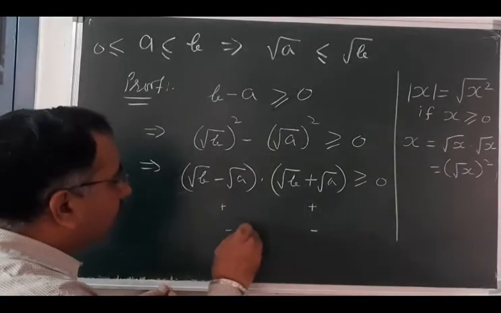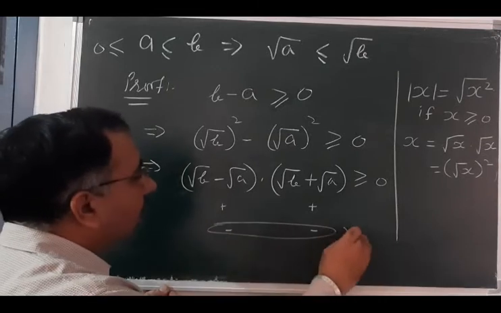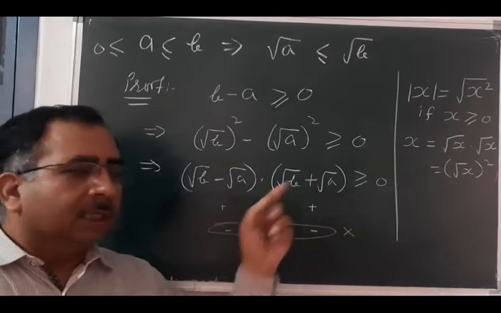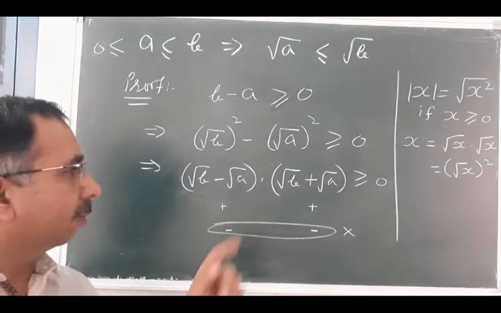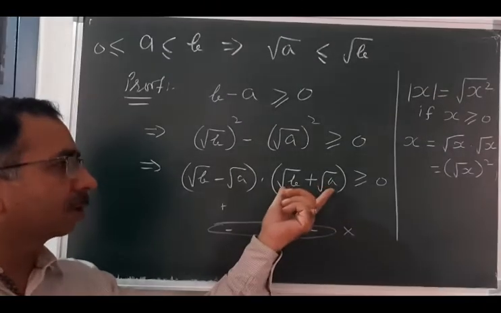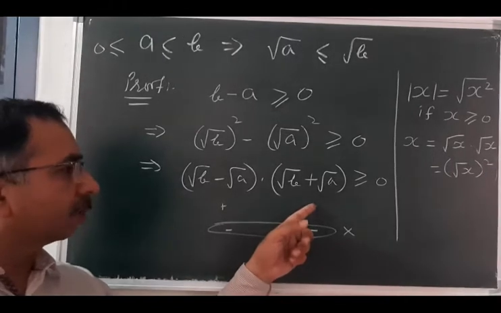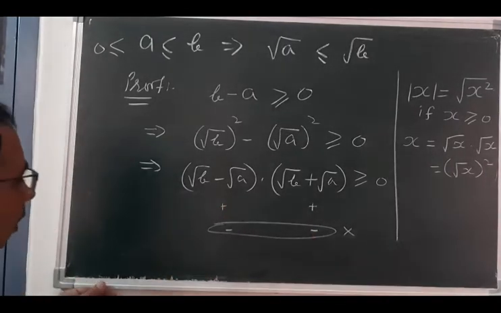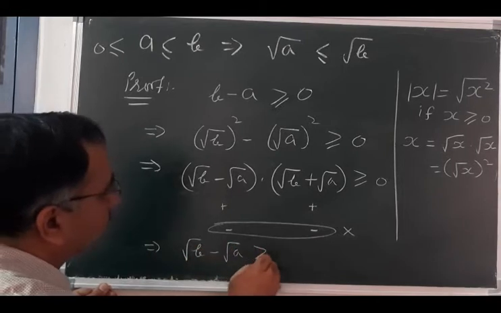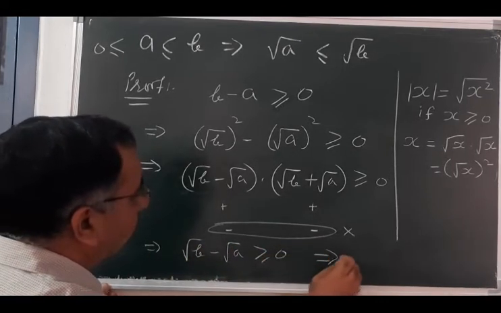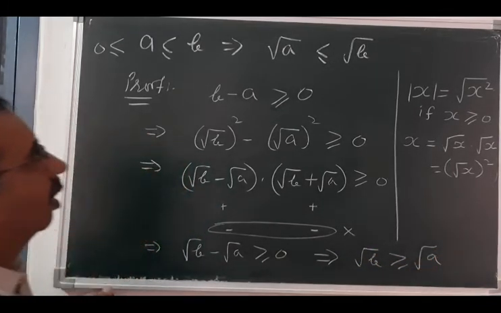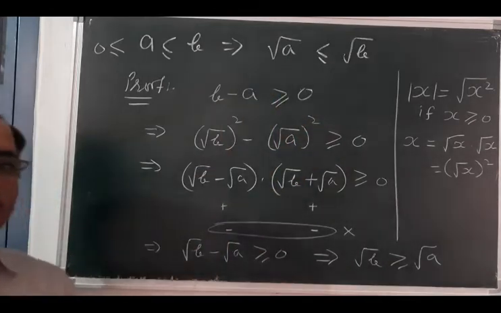But this possibility is not possible here, because by my definition root of a is a positive number and root of b is a positive number. So positive plus positive, this thing is positive. So if this thing is positive, this has to be non-negative. So this implies root b minus root a is greater than or equal to 0. This implies root b is greater than or equal to root a, that is, root a is less than or equal to root b.